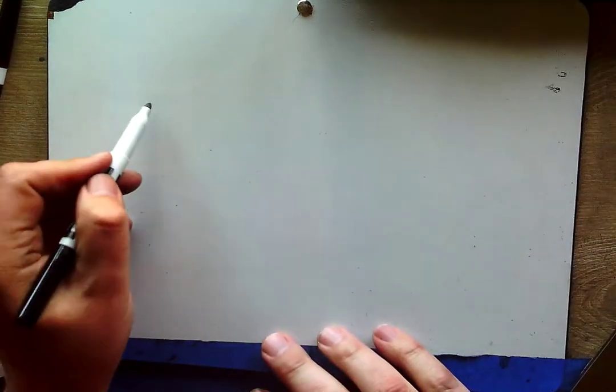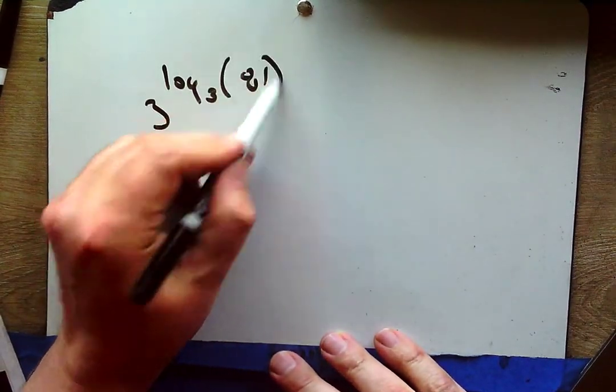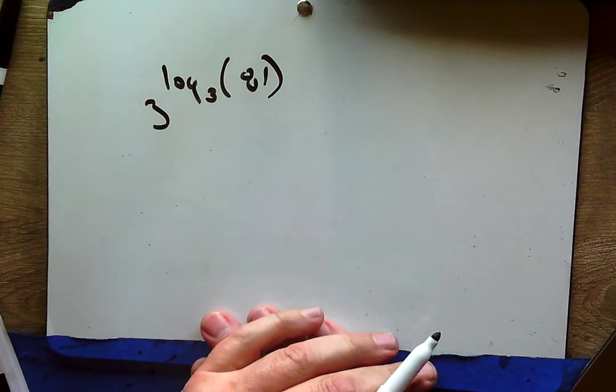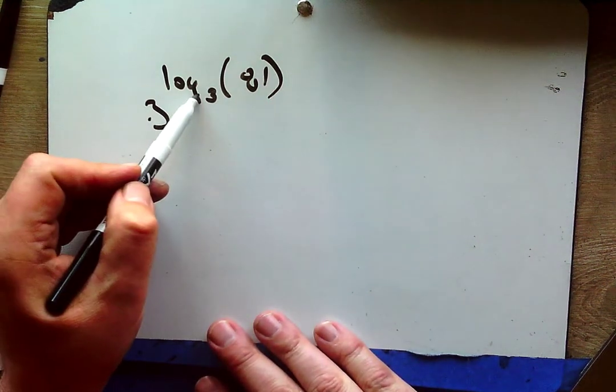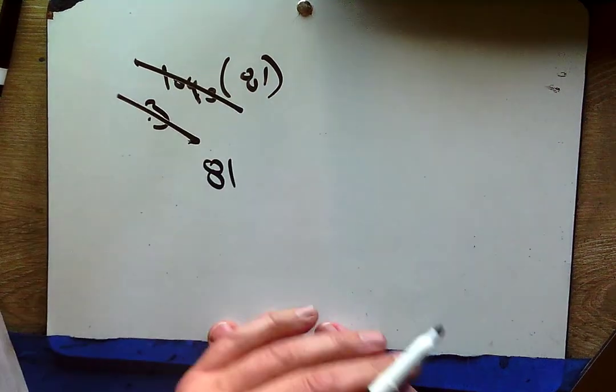Next. How about 3 raised to the log base 3 of 81? There are a couple ways we can do this problem, but I think the easiest is to say 3 to the power of log base 3: these are inverses and cancel each other out. So I'm left with 81.